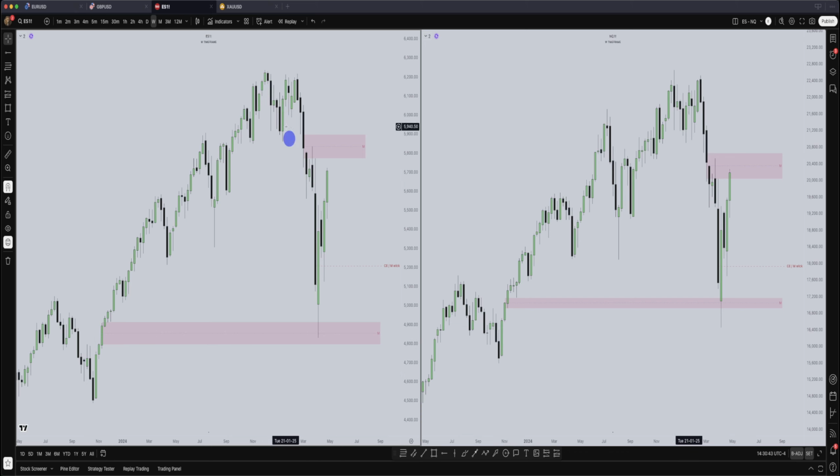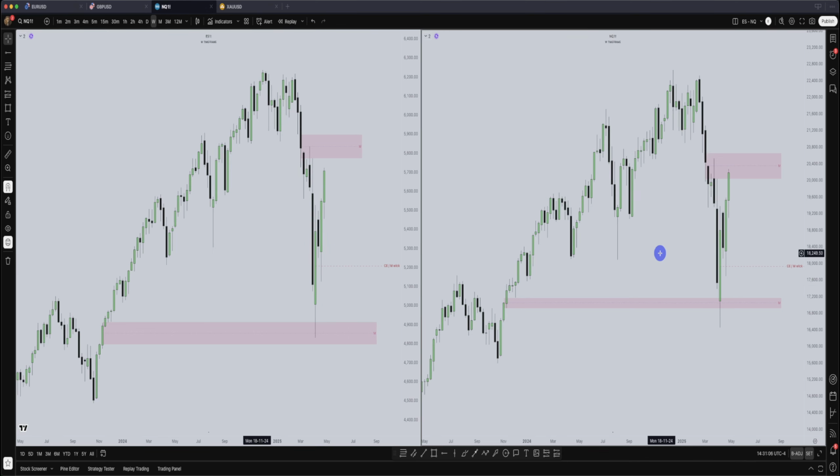Price took all this liquidity. All this was waiting, without repricing, to be taken, and price did that. We also have relative equal lows here. Price did take all this liquidity.